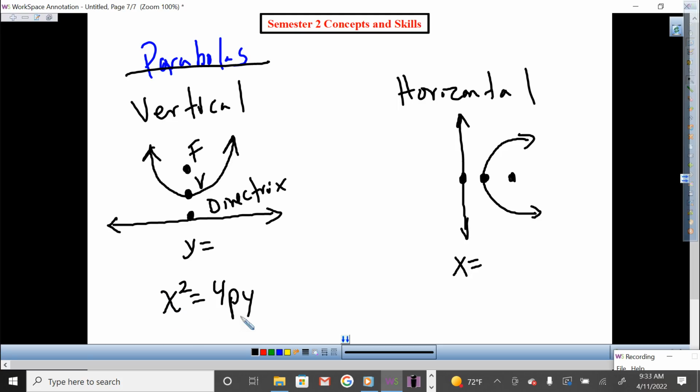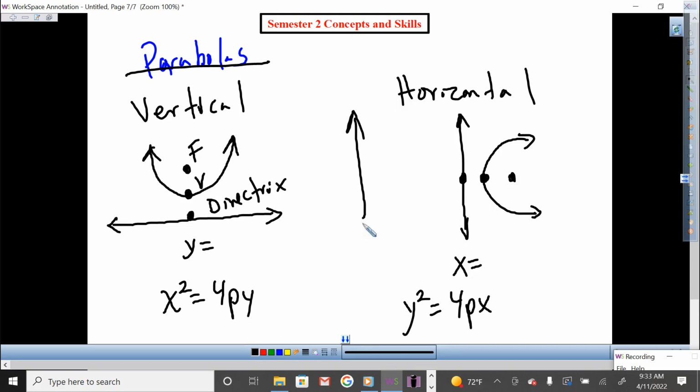You guys remember these? Yes? You're like, oh yes, these are a favorite. So if the vertical one starts with x squared, what does this one start with? y squared equals 4px. That is correct. Yes, sir? The directrix? Good question.